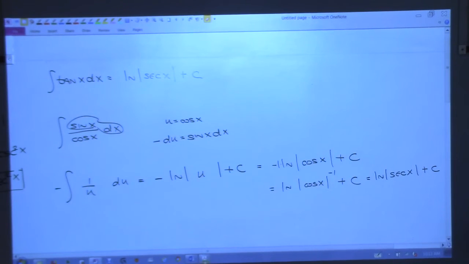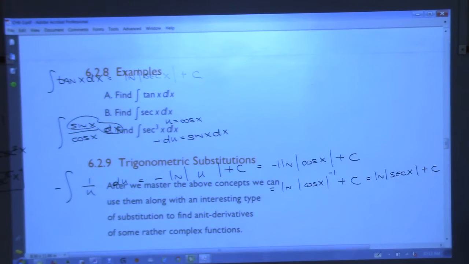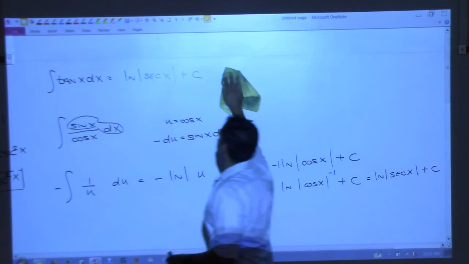All right, let's look at the next one. Oh, secant x. This one.